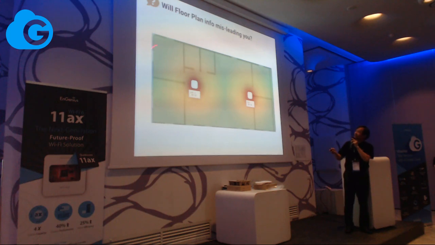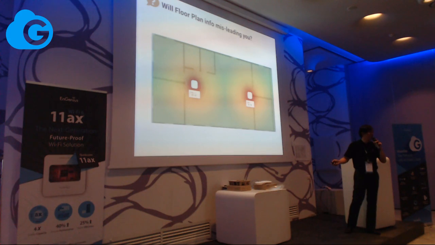And floor plan, interesting. When you see the floor plan here, there are two APs, and you see, wow, pretty good. The coverage is good, but this kind of information might mislead you because you think the coverage is so good, so you don't need to do anything. But this is because it lacks more information.